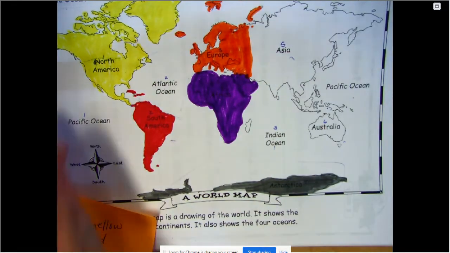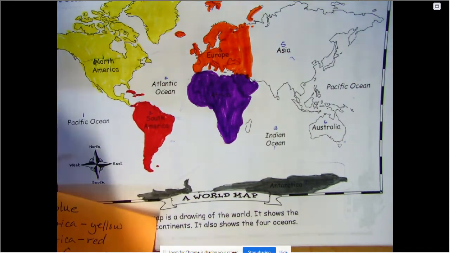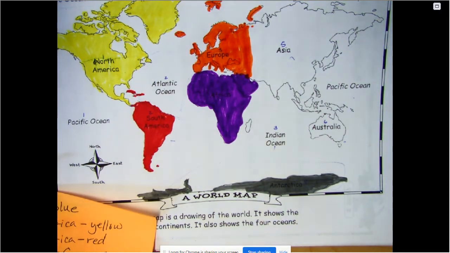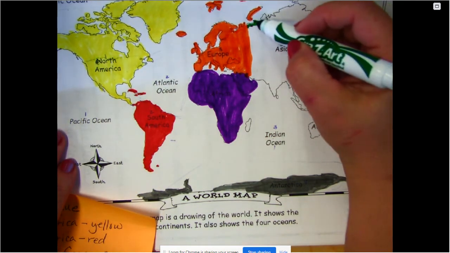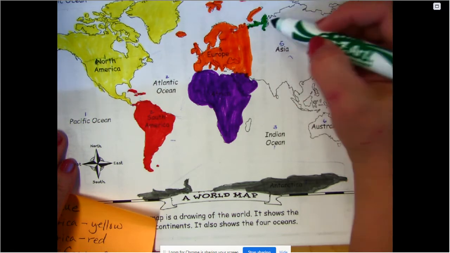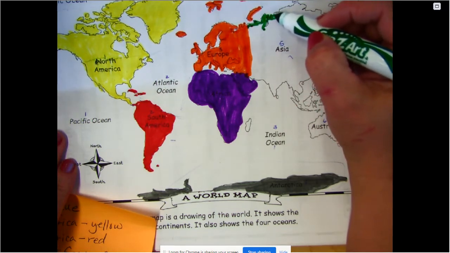Okay, and then it says that Asia is green. We might want a bigger green so it doesn't take as long. Color it in. Lots of little nooks and crannies over here.